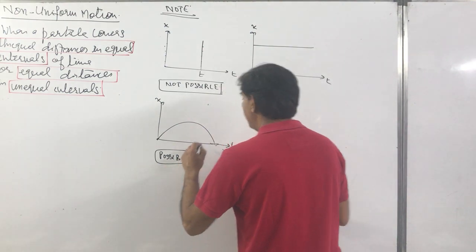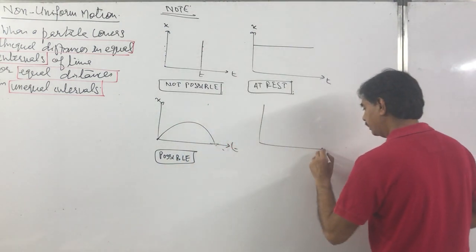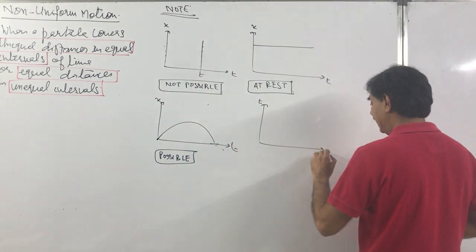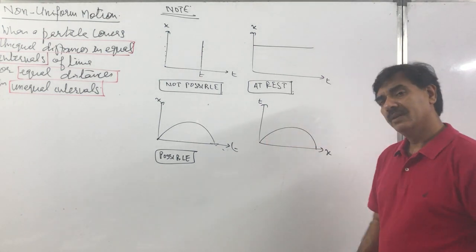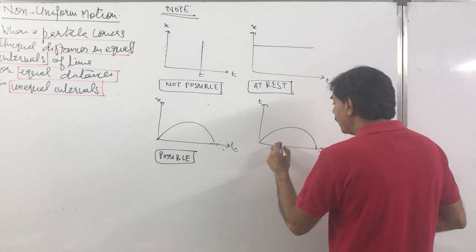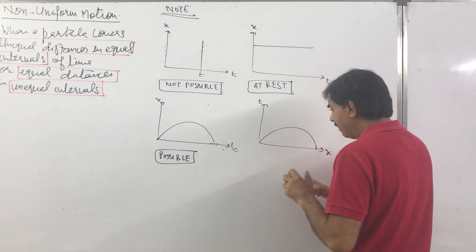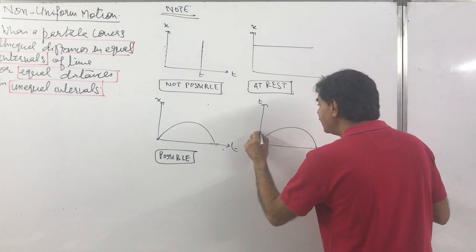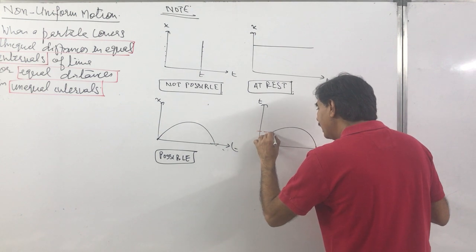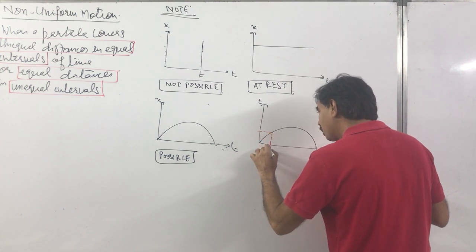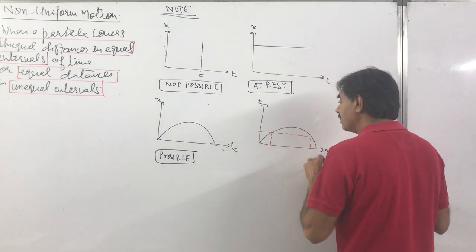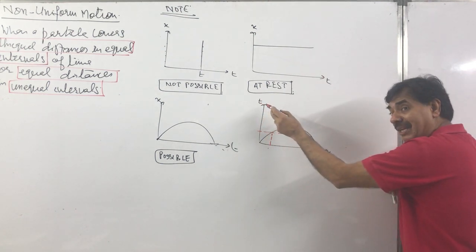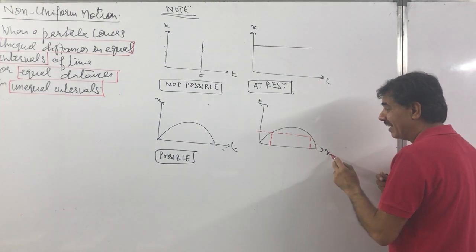Possible. Okay, I've brought another one. T and X. Is it possible? No. Why? Because at this time, this graph is trying to tell us that the particle is at this position and at this position. Remember, वो तो time कर दिया मैंने. इधर position.